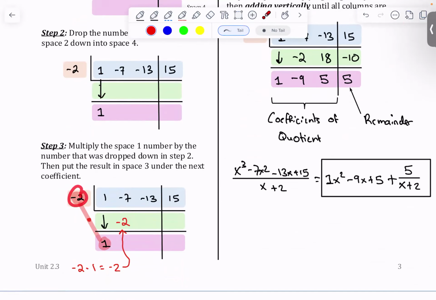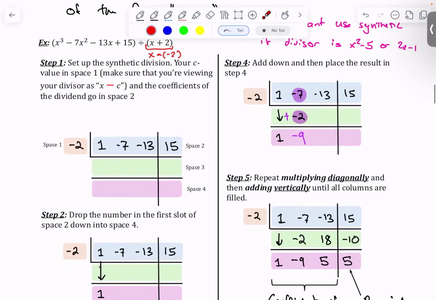So negative 2 times 1 is negative 2. I put that here. Then I add them vertically together. Negative 7 plus negative 2 is negative 9. Then I repeat the process of multiplying diagonally, adding vertically, until I complete the entire chart.